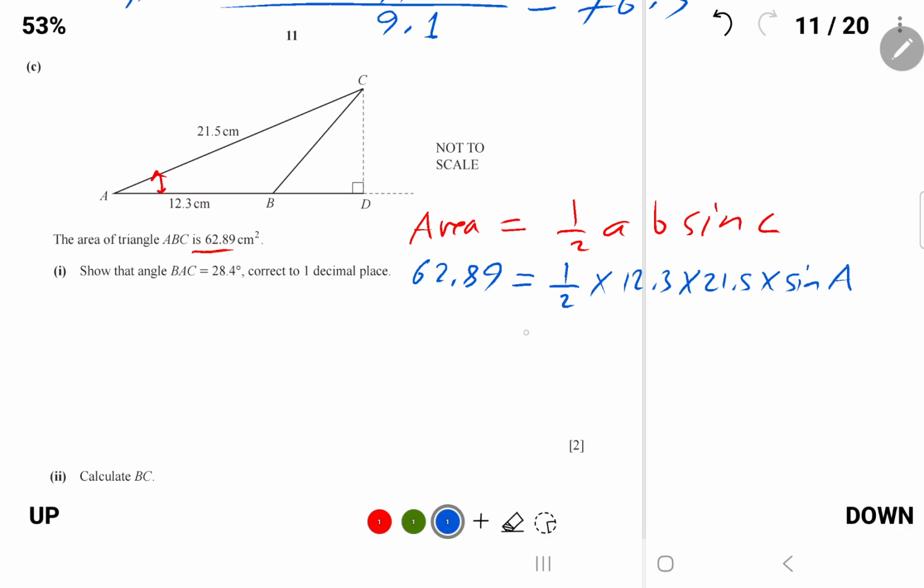Now we can divide both sides of the equation by half times 12.3 times 21.5 on both sides.